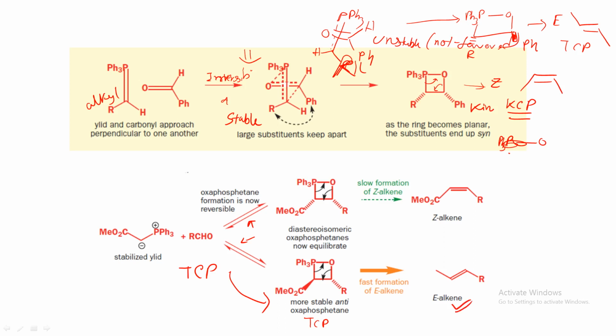So stabilized ylides generate E alkene, and unstable ylides generate Z alkene. That's how things operate to give us stereoselectivity. I hope you have understood this.